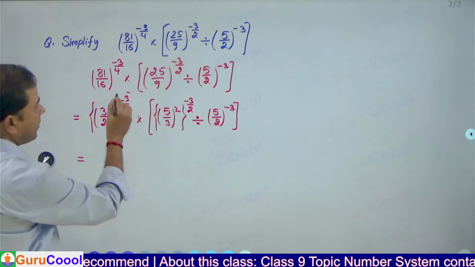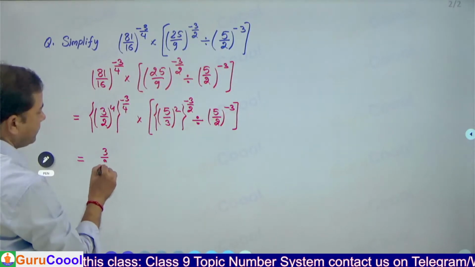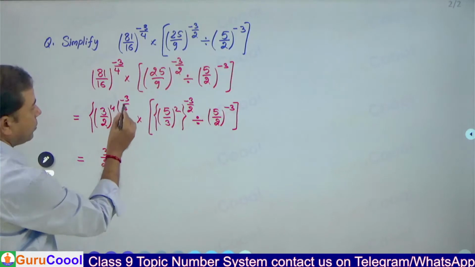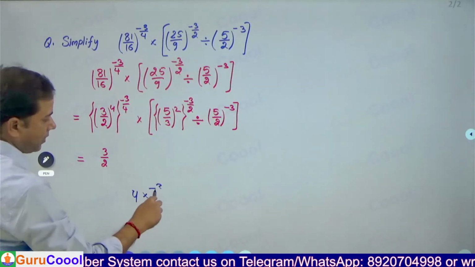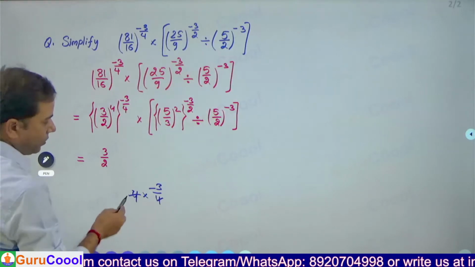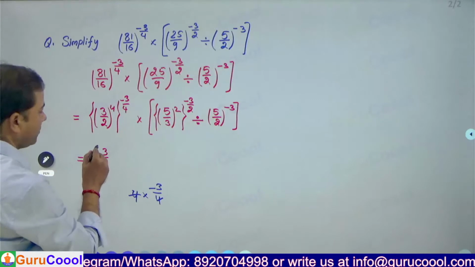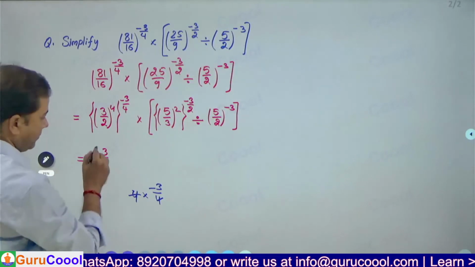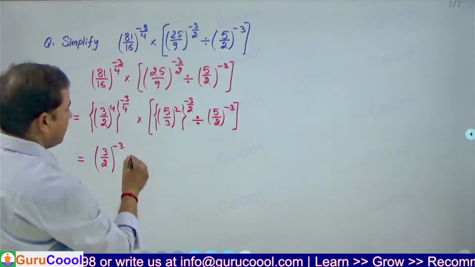Now power to the power gets multiplied together. So 3 by 2 raised to the power 4 into minus 3 by 4. How much is it? 4 and 4, numerator and denominator, will get cancelled, so minus 3 will remain only. Multiply sign.